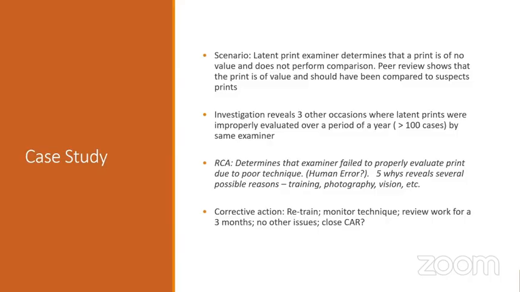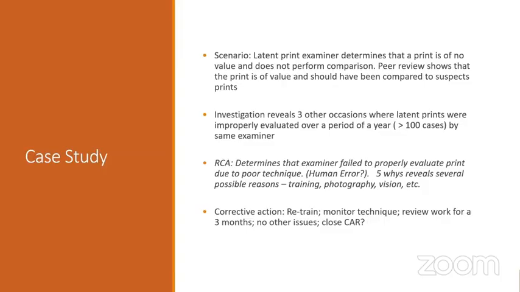So we perform the 5 whys and it reveals possible reasons are training. The initial training the examiner received may not have been sufficient. Technique that's used in photography, or possibly the vision of that examiner may have been somehow compromised. So the corrective action that is undertaken is to retrain the examiner, have another examiner monitor the technique that is being utilized, and actually review the work for 3 months.